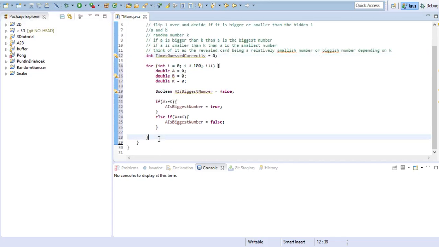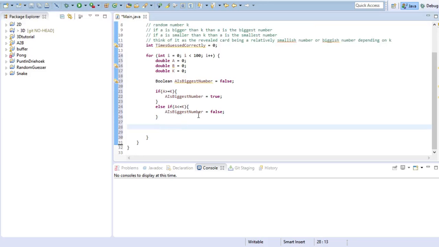And I guess we also have to check whether A is the biggest number.